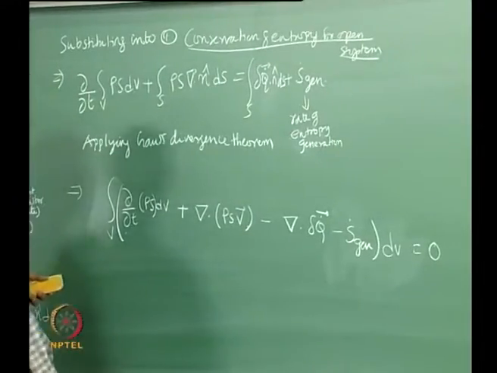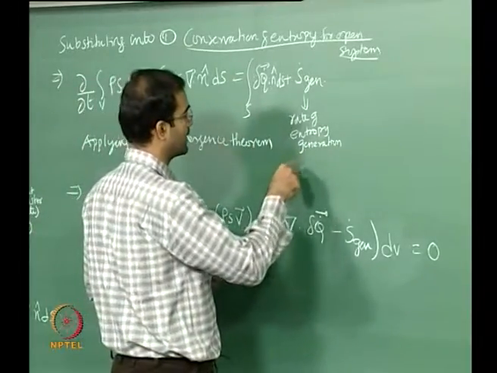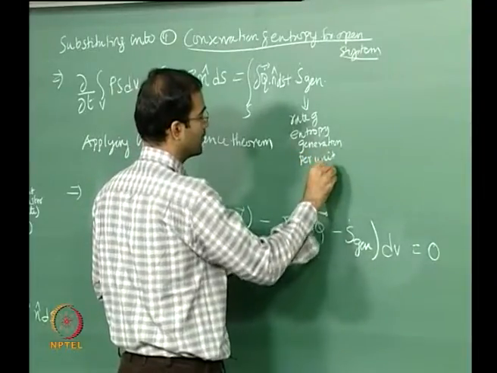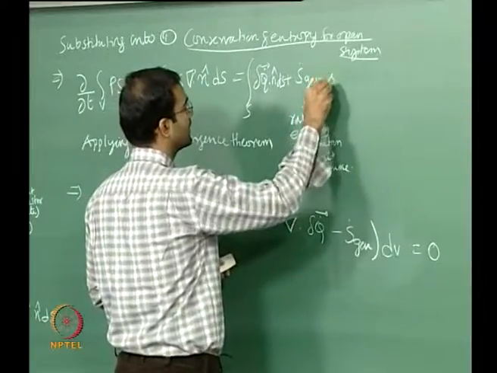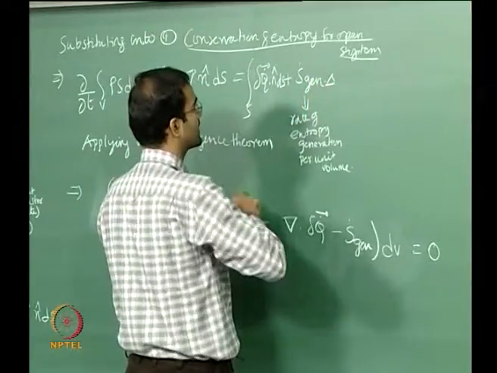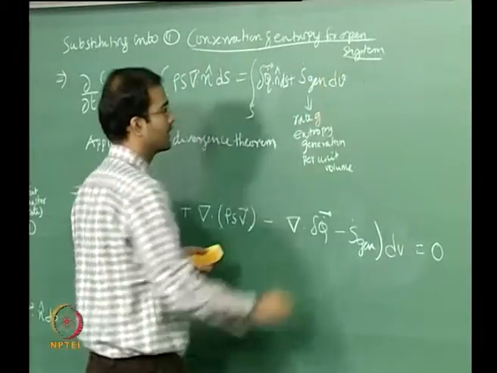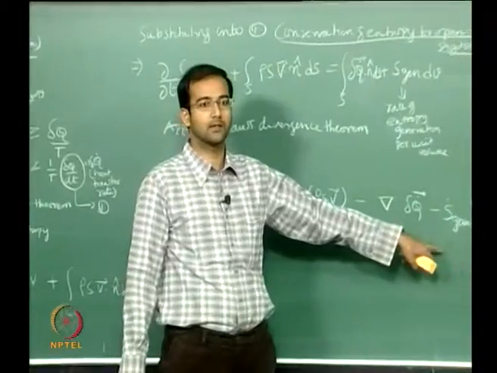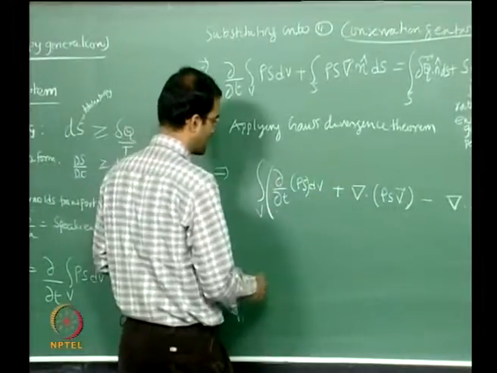Strictly speaking, this entropy generation is per unit volume, the rate of entropy generation per unit volume. So I can multiply by dV, then put this on the left hand side, group all the terms together, and that is equal to 0. Therefore the integrand has to be 0.